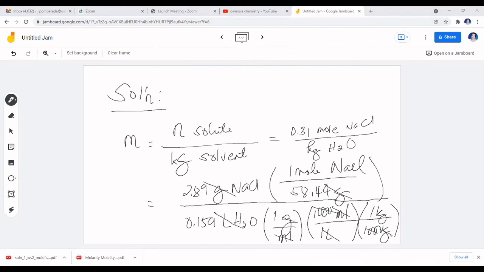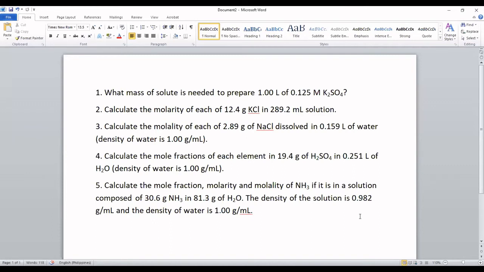Go back to our problem set. Calculate the mole fractions of each element. So how many elements we have in sulfuric acid? 1, 2, 3. In 19.4 grams of sulfuric acid in 0.251 liters of water. So calculate the mole fractions. Okay, in this case, class, since we dissolve our sulfuric acid in water, we will determine the mole fraction of sulfuric acid as a whole and water as a whole in the sulfuric acid water solution.